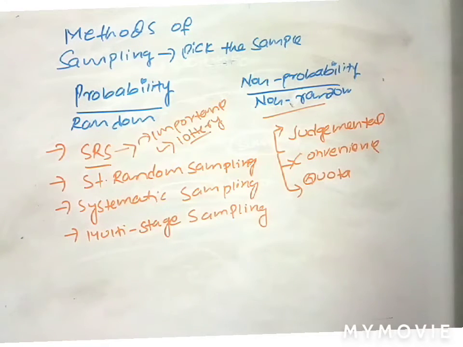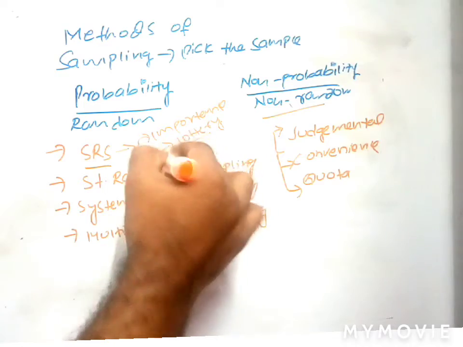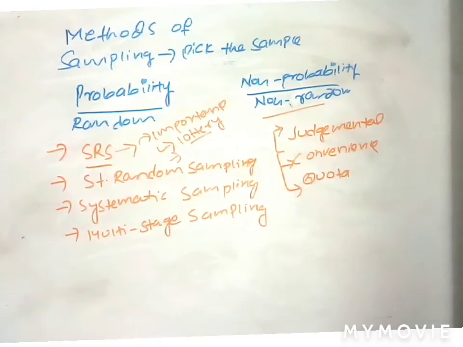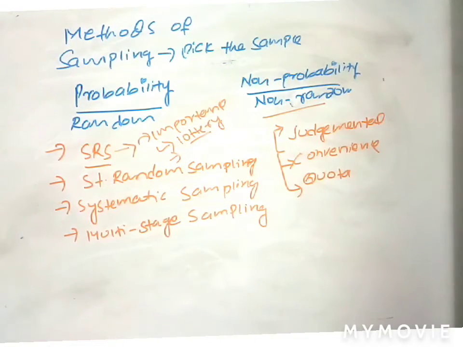And also random number generation. For example, you can use a calculator to generate a random number, which can also be part of random sampling. Or, for example, you blindly select 10 people out of 100 without giving any importance.